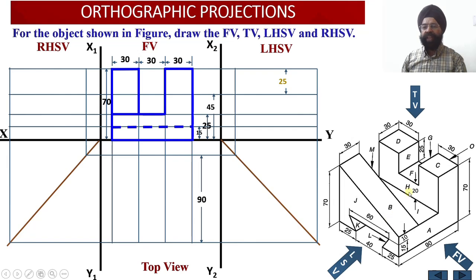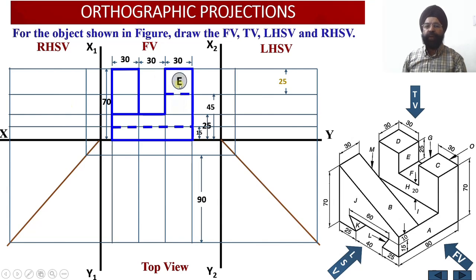It is going to run through the entire width of the solid. So we are going to observe a dotted line or a hidden line corresponding to this slot which is available in the bottom side of this particular solid, and over here corresponding to surface F, again a dotted edge will be obtained over here. So with this we have completed the construction of the front view.